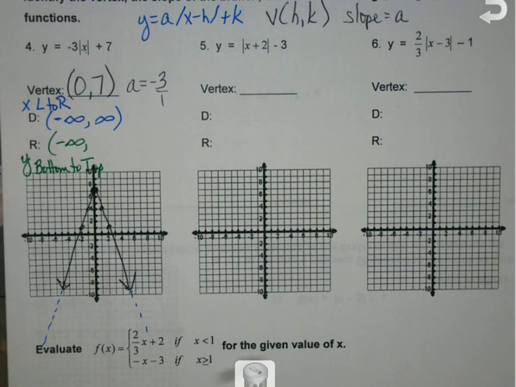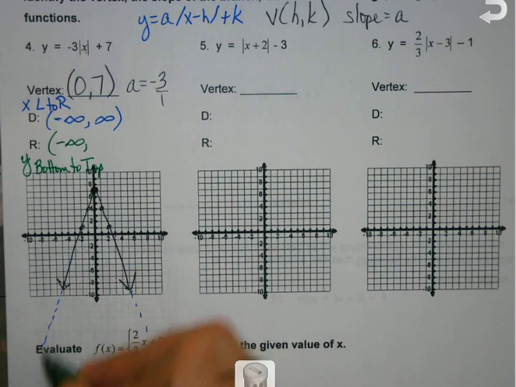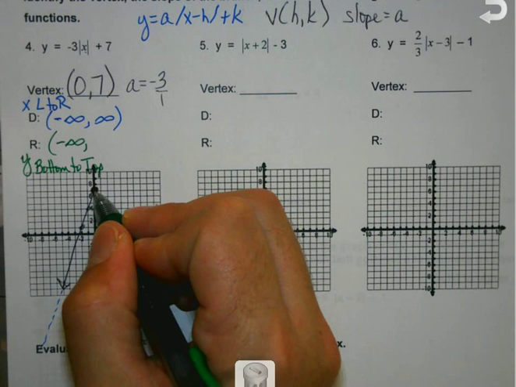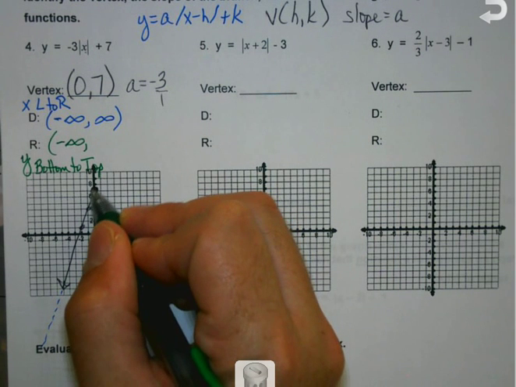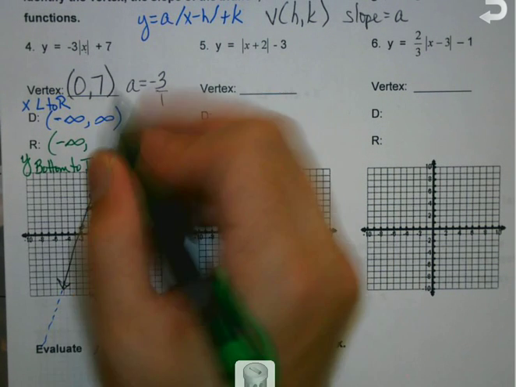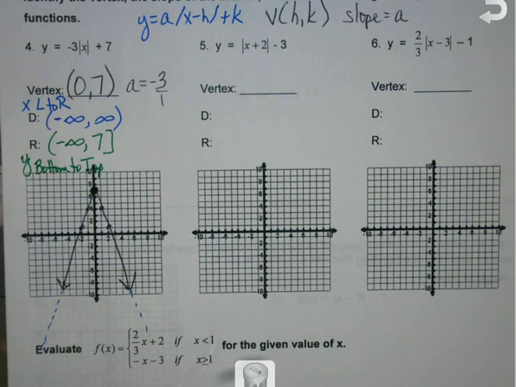But unlike domain, is it going up forever? No. It goes up until I get to this point. What's my y value at this point? 7. And that's where it stops. And that's going to be true with all of these all the way through.